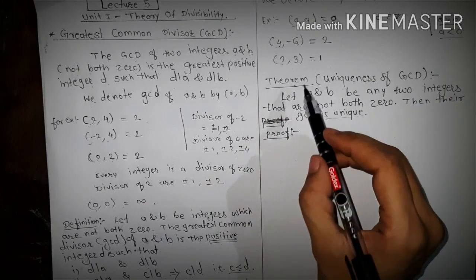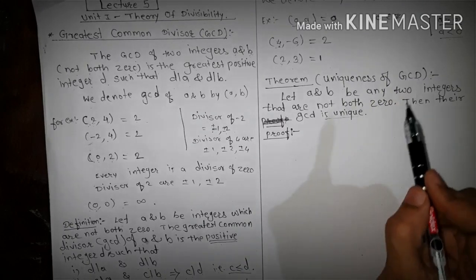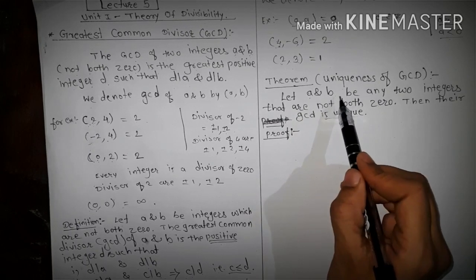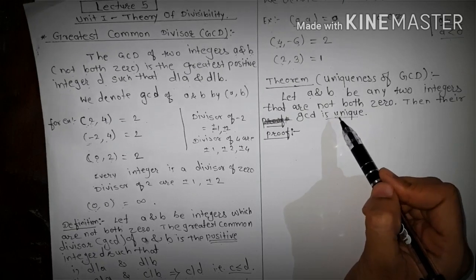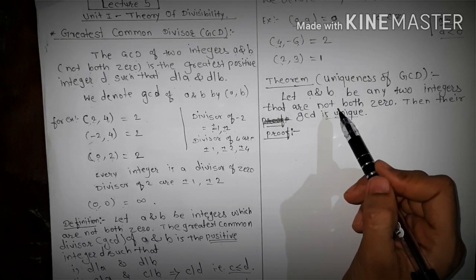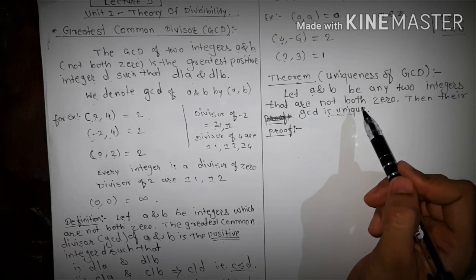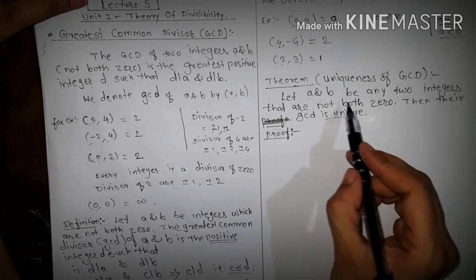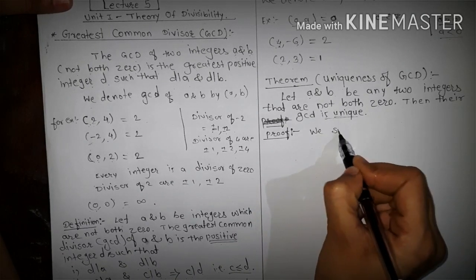Now we prove the theorem about the uniqueness of GCD, which states that the GCD of the integers a and b is unique. Okay, so in proving this theorem, we suppose that there exist two GCDs, x and y, and we show that they are equal.